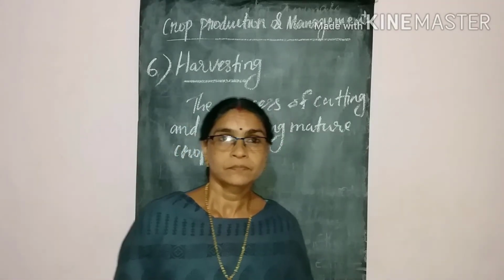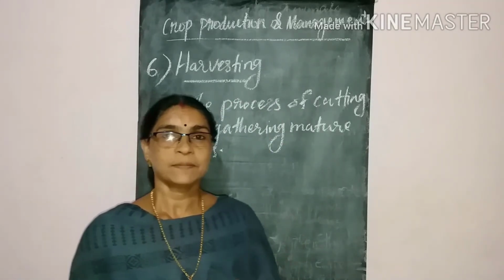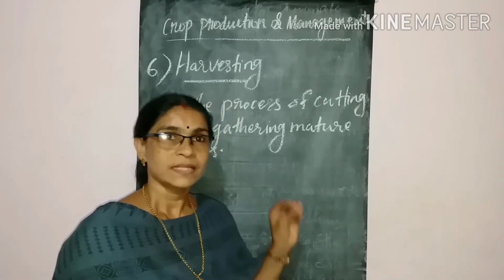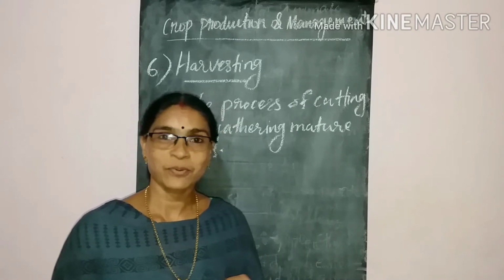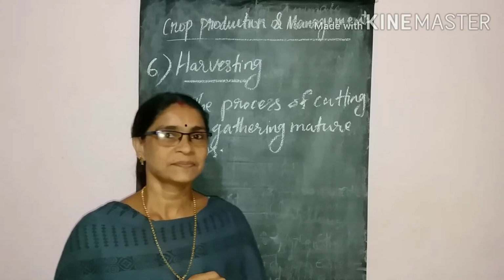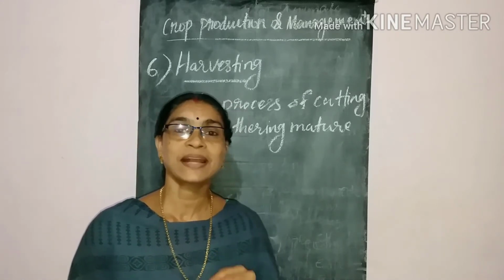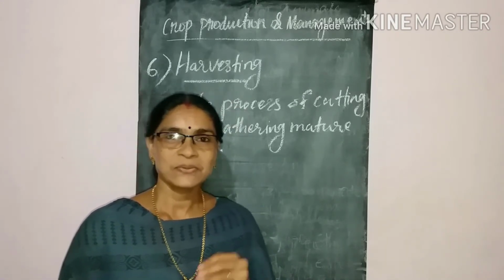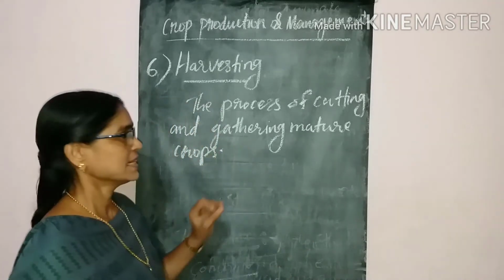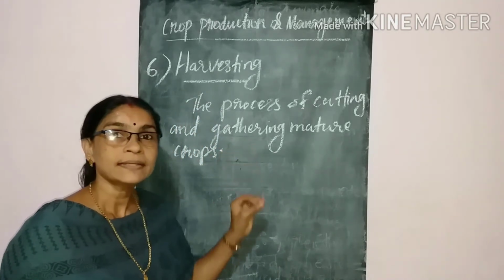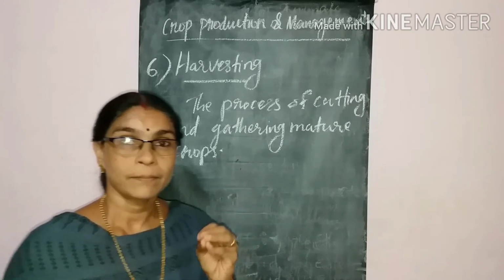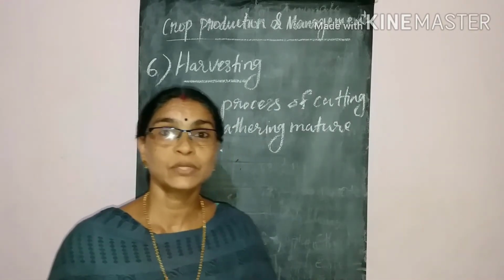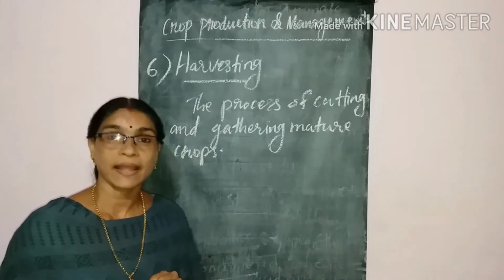After following all these steps, this is the end of the crop production, harvesting. This is the time to collect the produce. During harvesting, we are collecting and cutting the produce that we produced during the agricultural practices.